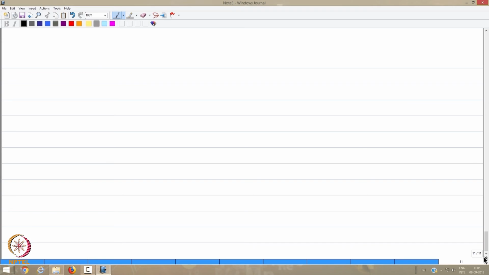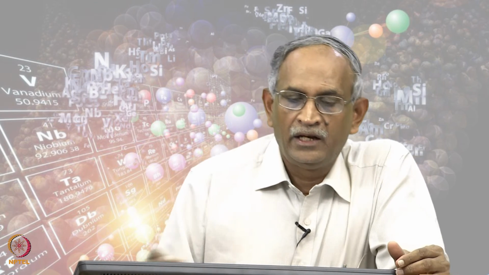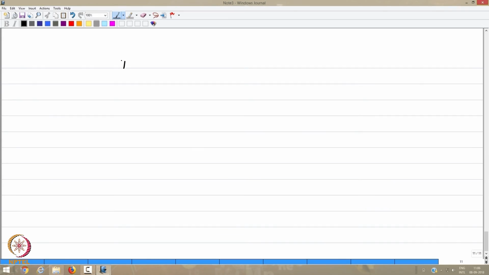Now, we will get into an extremely important problem in both spectroscopy and quantum chemistry, namely the interaction between two spin half systems.